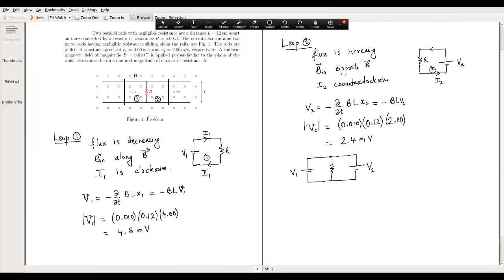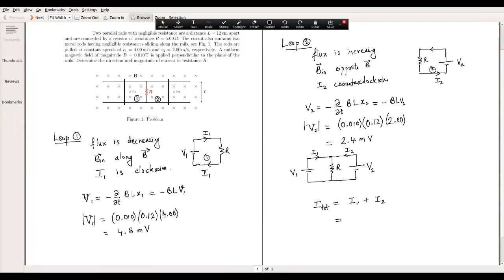So overall, the current will be I1. Since there is a current I1 going in here, and I2 going in here, the total current will be I1 plus I2. So I total would be equal to I1 plus I2.